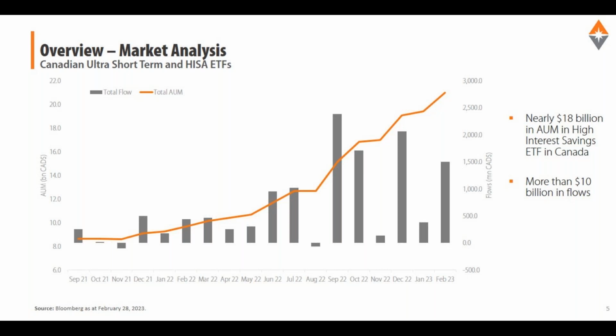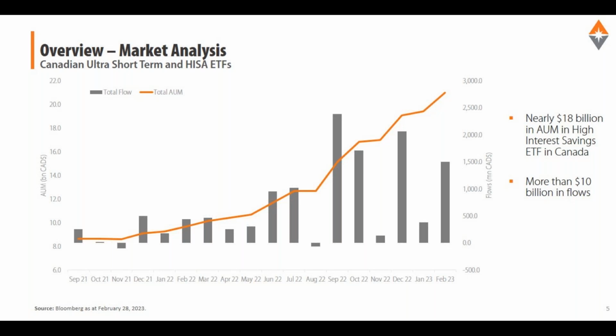And what you're looking at here on this chart is the Canadian ultra short term and HISA ETFs combined AUM on the left side, and then the right side shows the flows. And the AUM now is well over $20 billion. So Canadian investors have really taken an interest in these ETFs. And I think the ETFs that we're going to talk about today, they fit into this well, and it's a good complement.